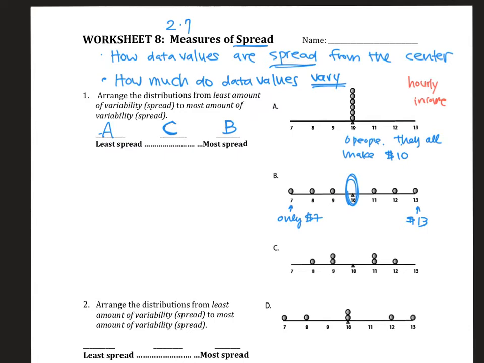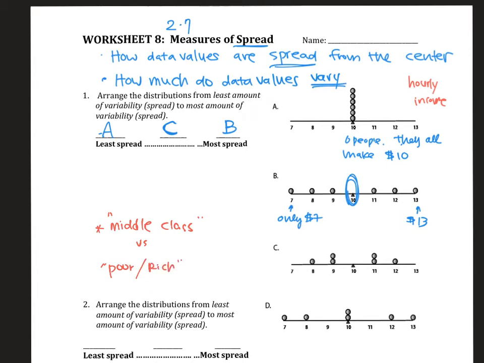Another way I can think about this is, are there more middle class versus poor? Do we have a lot of poor and rich?